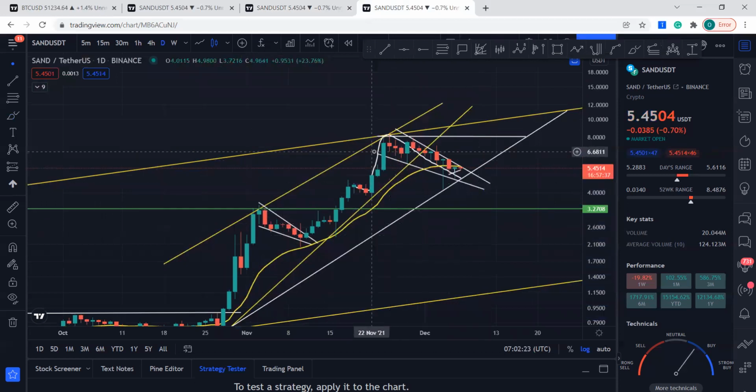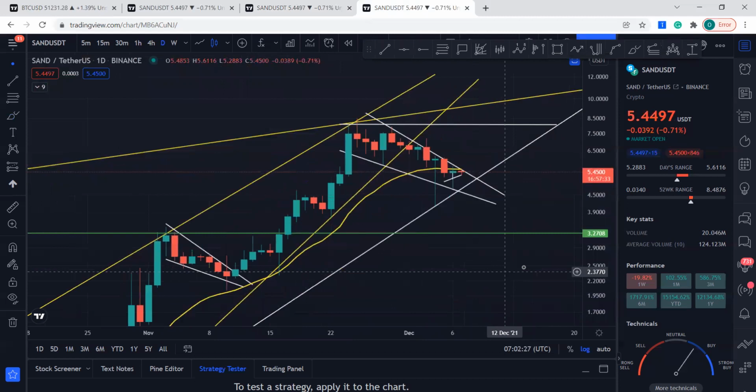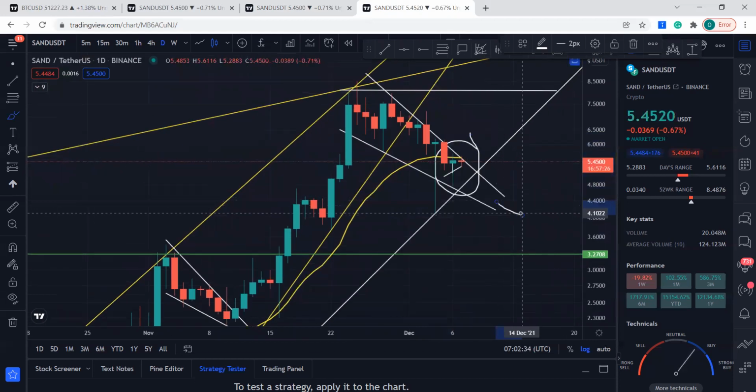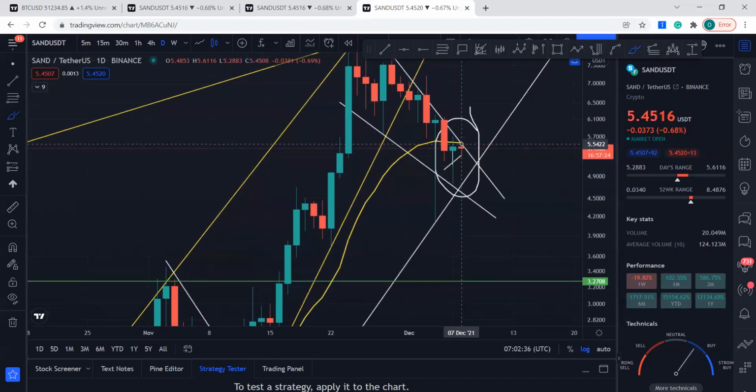Now, what you really want to see it do, if it does that, then it's really bullish. You see this area? You want the price to break the 20 moving average.